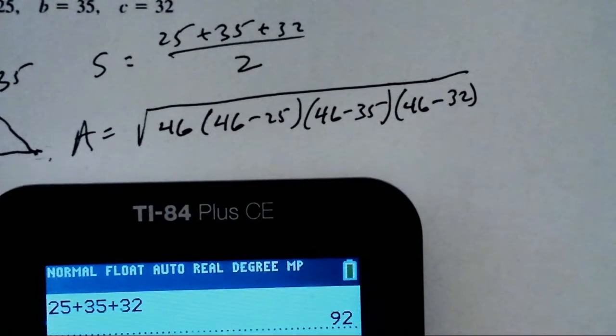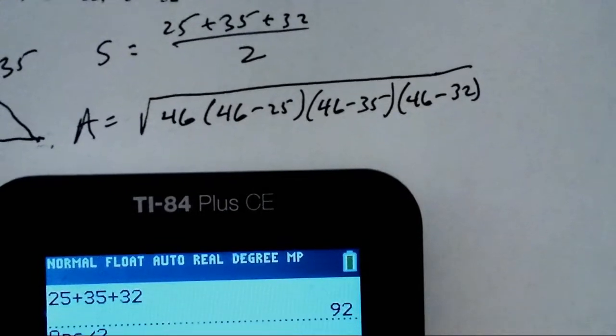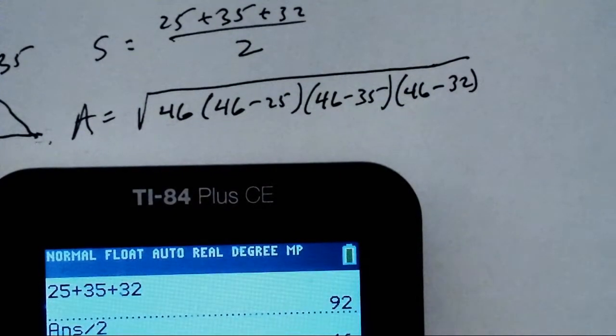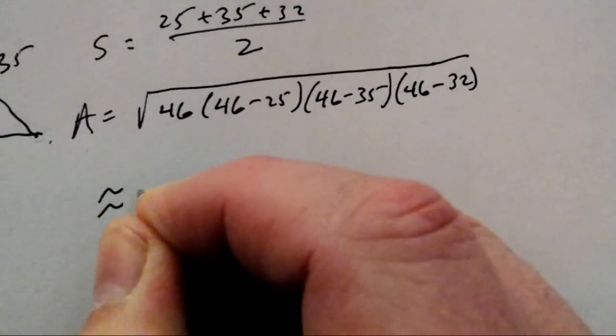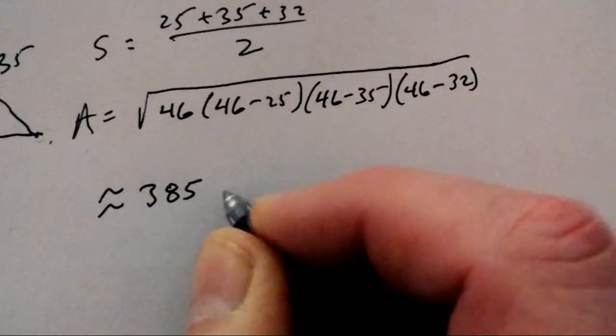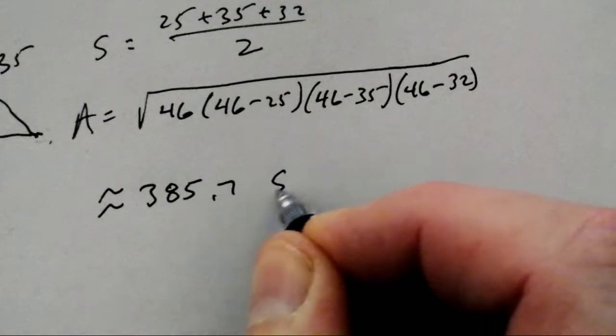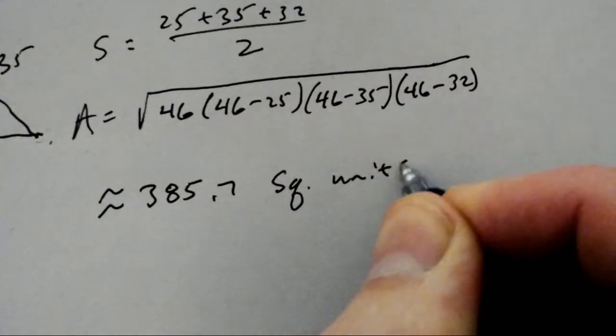Second square root, 46 times, I think I'll do this in my head, 46 minus 25, 11, times 46 minus 25, that's why I shouldn't do it in my head, 21. 46 minus 35, 11, times 46 minus 32, 14, and we get 385.7, so it's approximately 385.7 square units. It's an area.